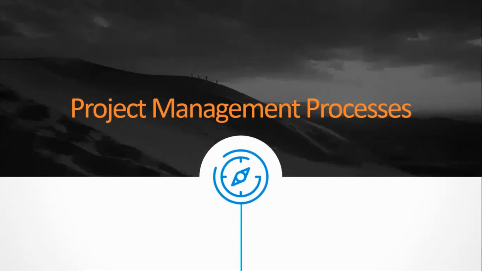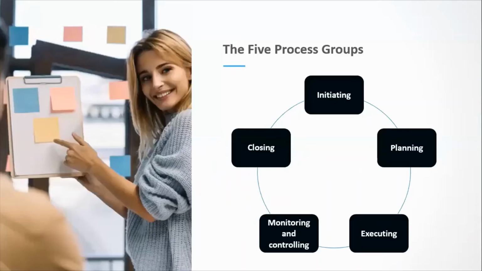So your work is more on project management processes, and there are 49 of them, grouped into 5 if you are aligning with the waterfall methodology. Remember, I keep mentioning that if you're aligning with the waterfall methodology, then it is process-based. But if you are adopting Agile, then you are aligning more with principles and values.